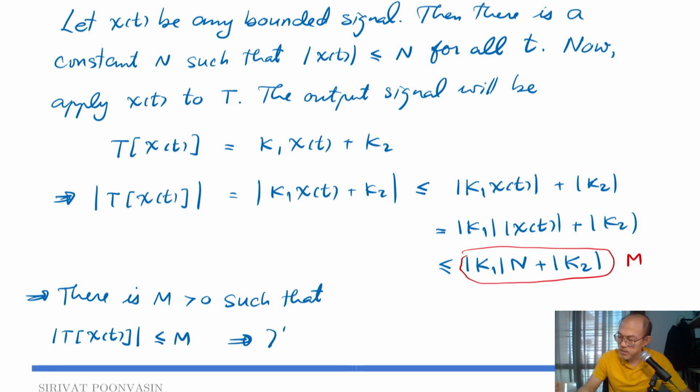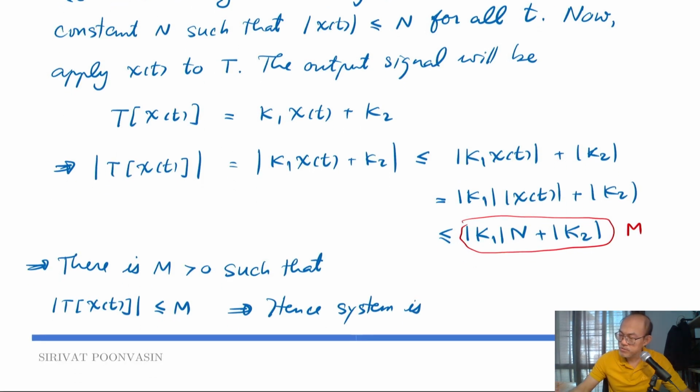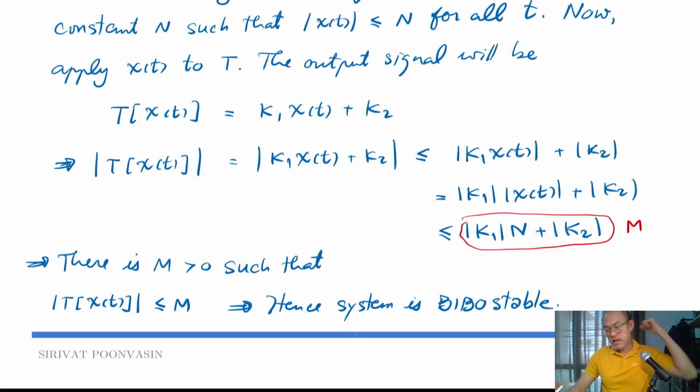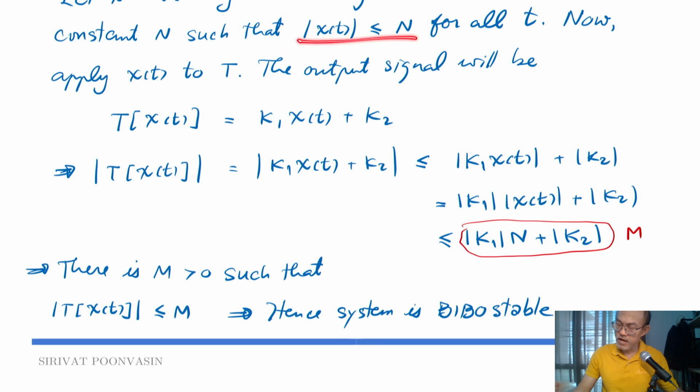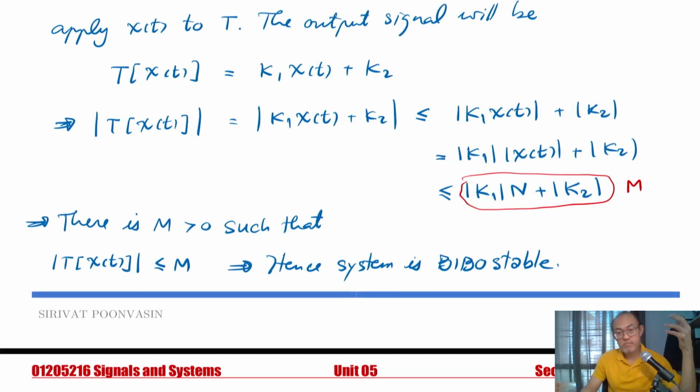Hence, this system is BIBO stable, right? For any bounded input, we have shown that the output is also bounded. So the system is BIBO stable. Bounded input, bounded output system.